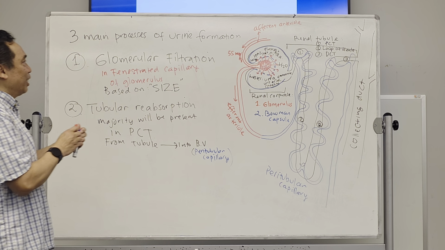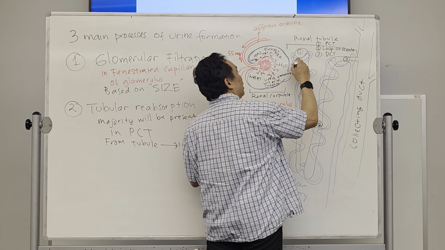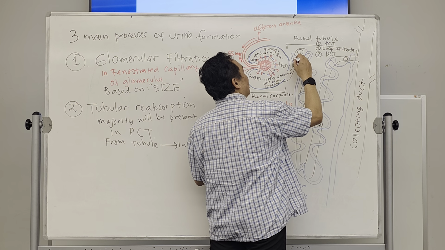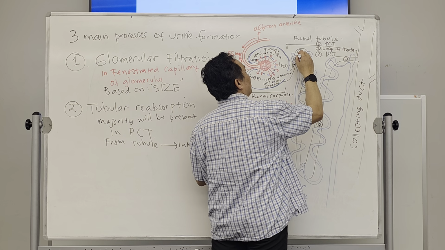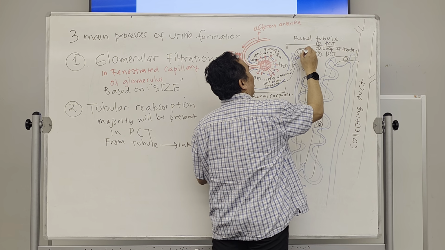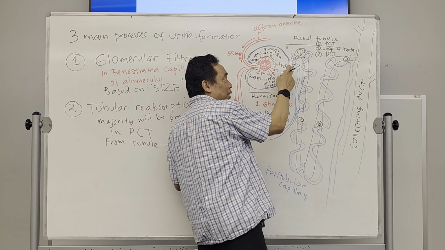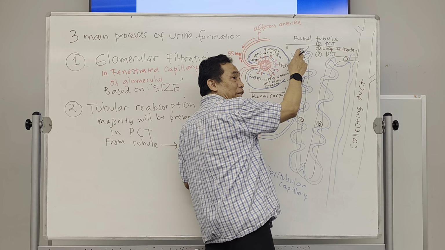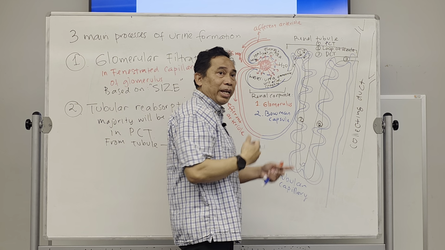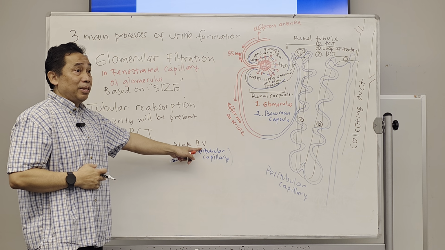Why? Because these molecules are present in this tube. So there's going to be sodium ions, water, glucose, and amino acid present here, coming from the Bowman capsule. They flow to this PCT, and then as soon as they are taken, they are reabsorbed into the blood vessel.